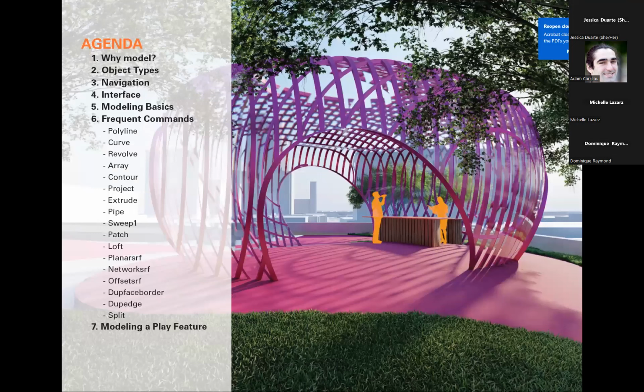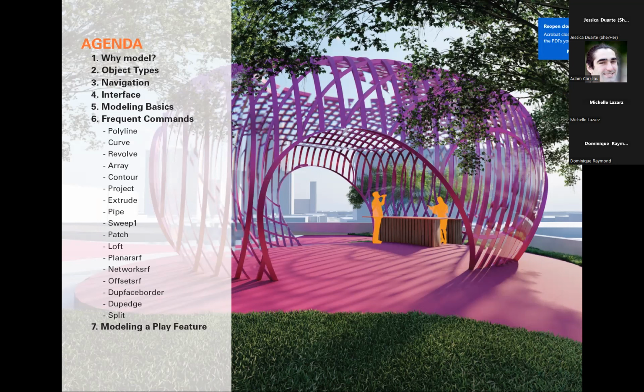So the agenda today, we're going to cover a number of things. The first being why model, the second being object types, so different objects and which ways you can model in Rhino. The third will be navigation with your mouse. The fourth will be the Rhino interface, so what you see when you open the program. And the fifth will go over your modeling basics, what to start out with.